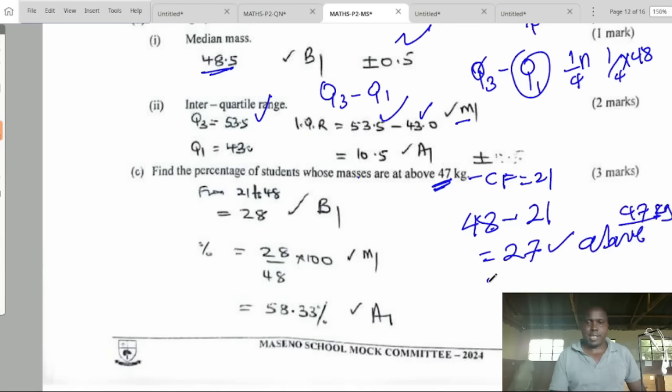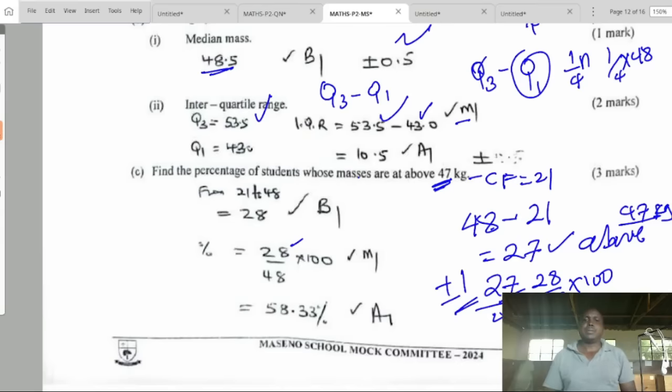Therefore, the percentage now is 27 over 48. Like this one, if someone got 20, it would be 28 over the total, 28 over 48 times 100. So what I'm saying is that I got 27, there is always plus or minus 1. And then you get the percentage.